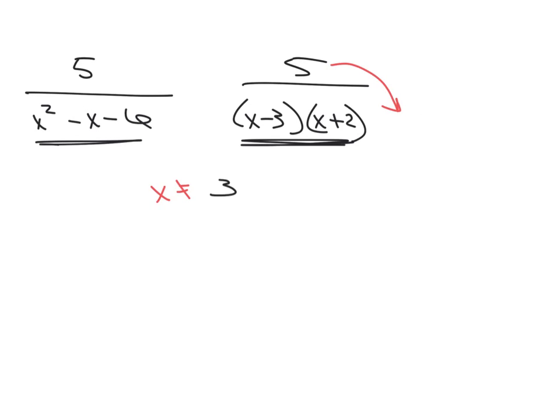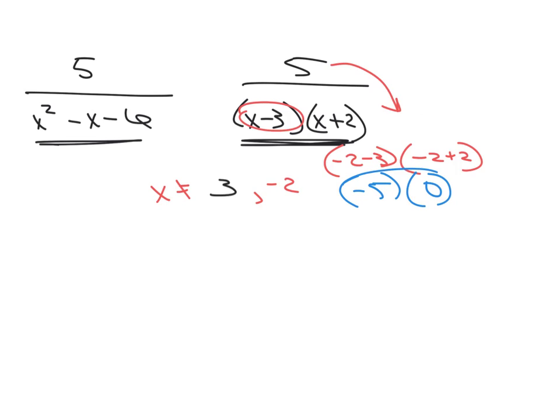x also cannot be negative 2, because if it was, this would be negative 2 minus 3, which is negative 5, and this would be negative 2 plus 2, which is 0. When we multiply those, we'd get a 0 in the denominator, and we cannot get a 0.